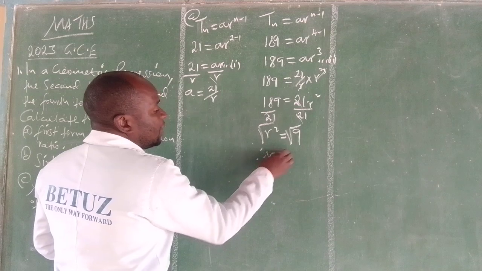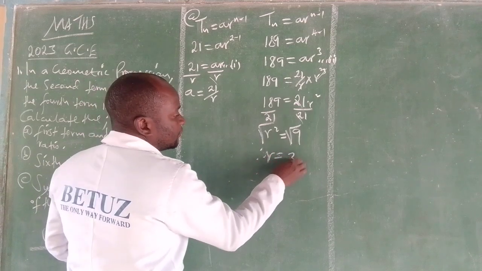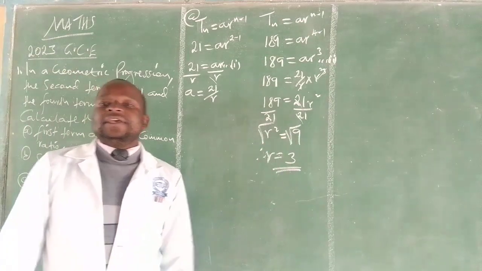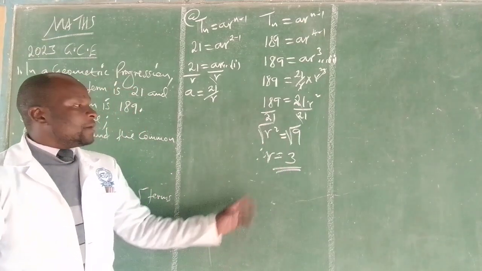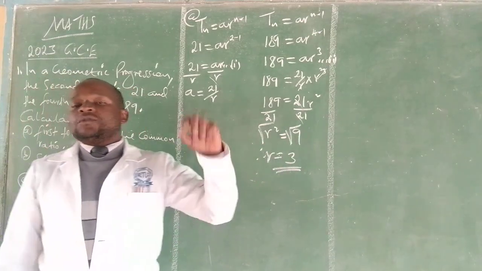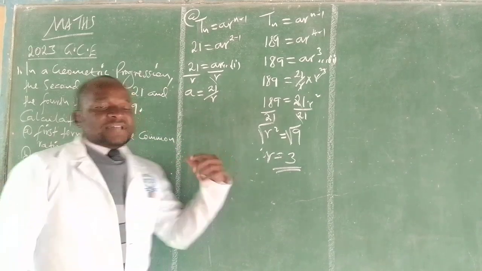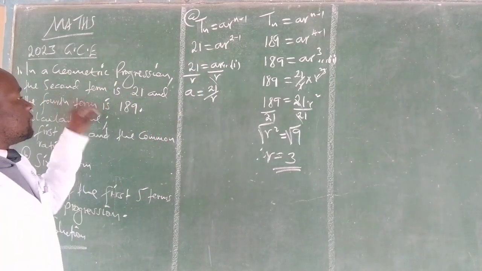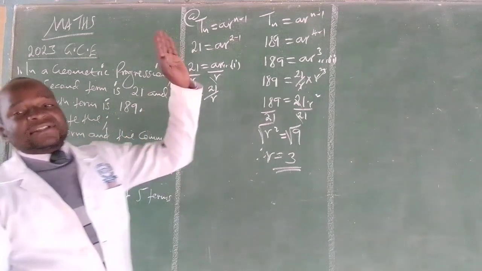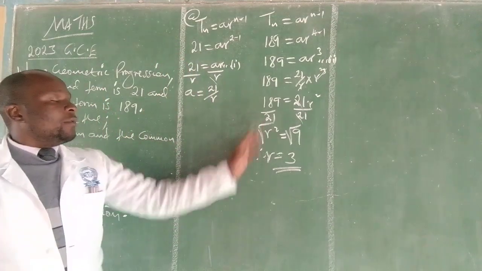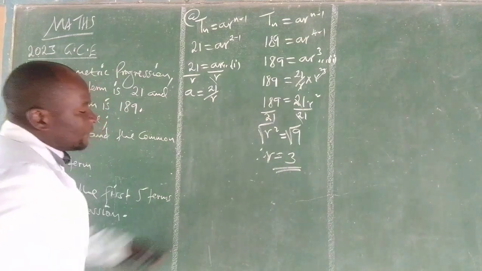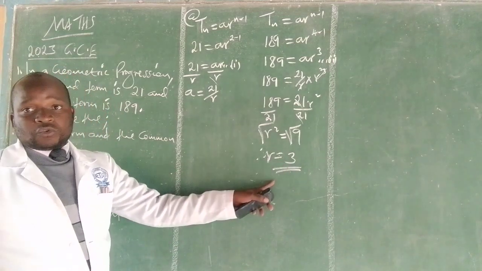Therefore R is equal to 3. Remember, the square root of 9 is positive or negative 3. But in this case, we simply consider the positive 3 because our sequence is ascending. The second term is 21 and the fourth term is 189, so the numbers are going up, meaning our common ratio cannot be negative. So we have found the common ratio R to be 3.